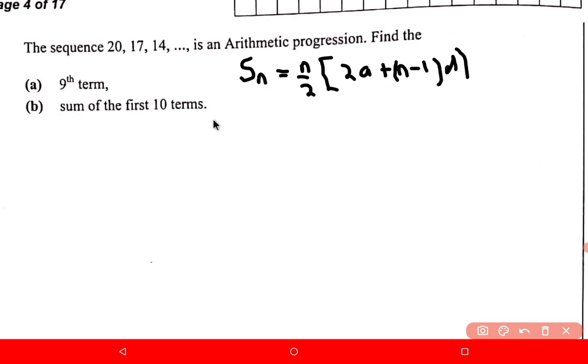So you're finding the sum of the first 10 terms.